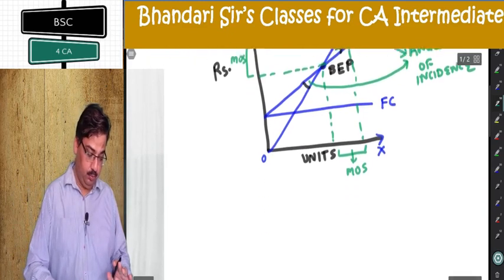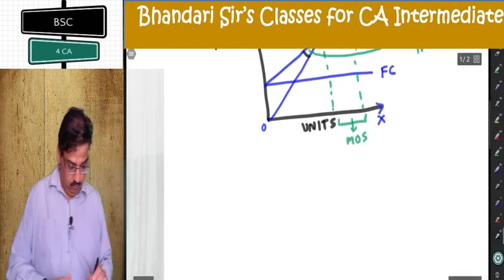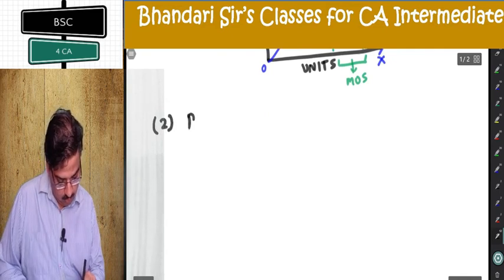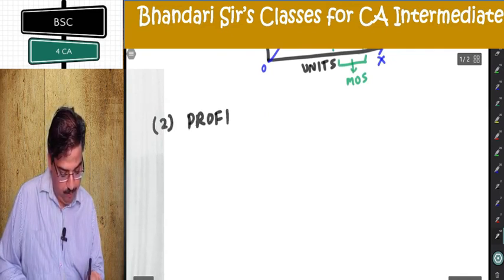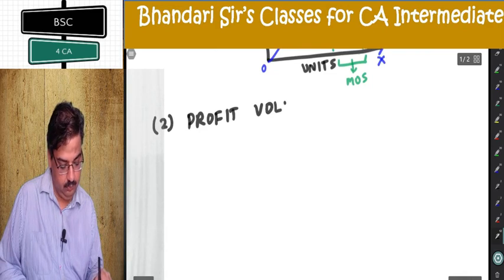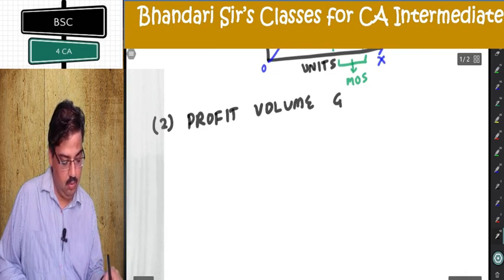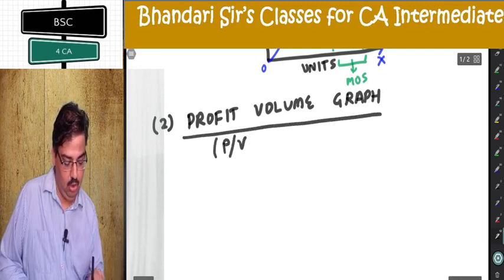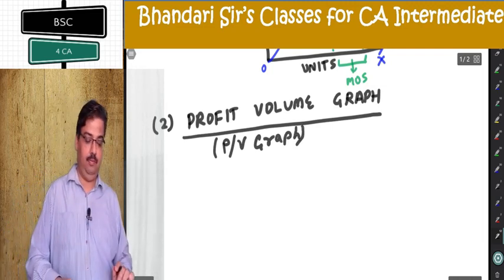Number 2. Profit volume graph. In short, PV graph.